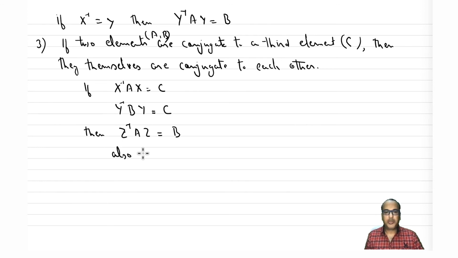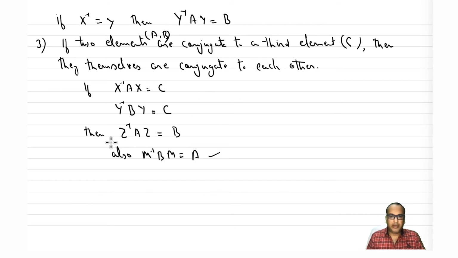Also you can show M B M inverse should be equal to A, because we have already shown this, so I'm not going to show this part. If A is conjugate of B, then B is conjugate of A. But the point here is that if C is conjugate of A, and C is conjugate of B, then A and B are conjugate to each other.